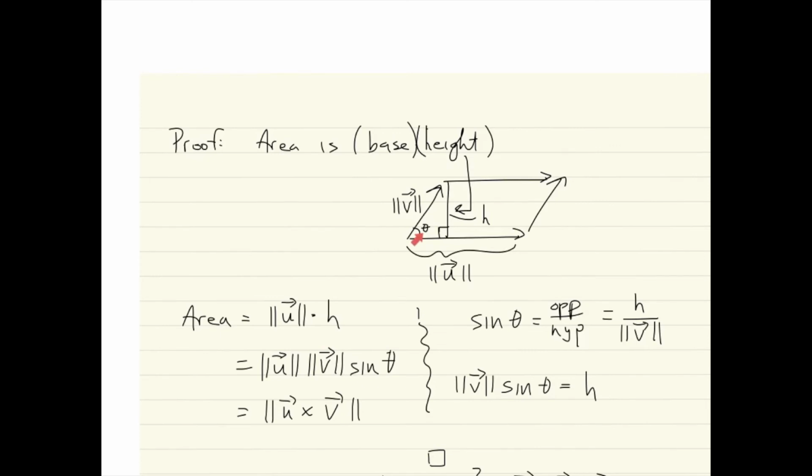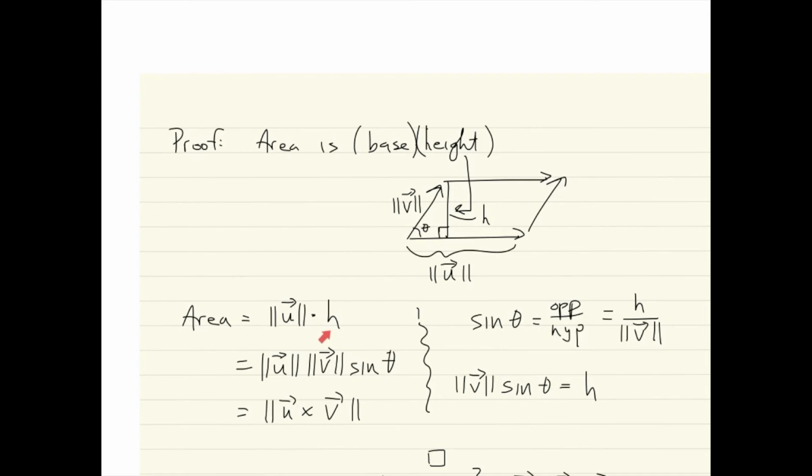So remember, theta is the angle between the two vectors u and v, and sine theta is opposite over hypotenuse. I've made a right triangle here, and the opposite side has length h. That's my definition of h. And then the hypotenuse has length the norm of v, and therefore h is equal to the norm of v times sine theta.